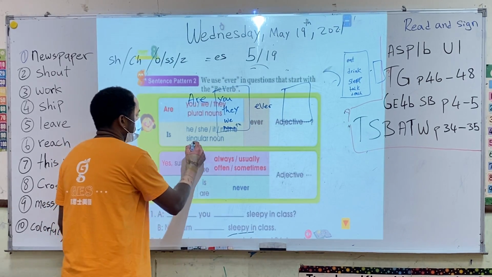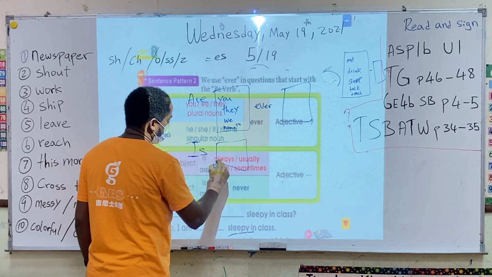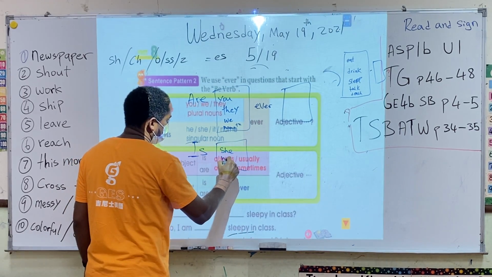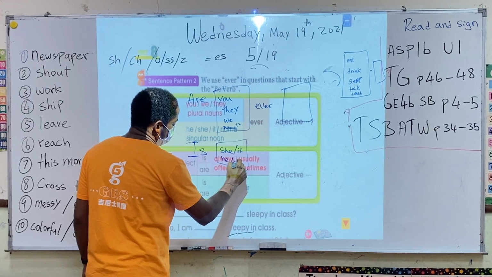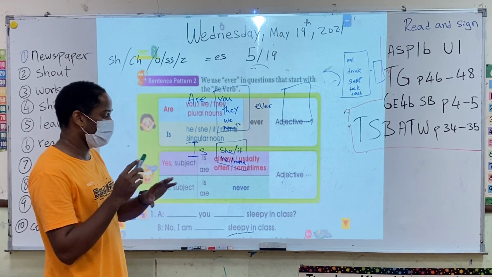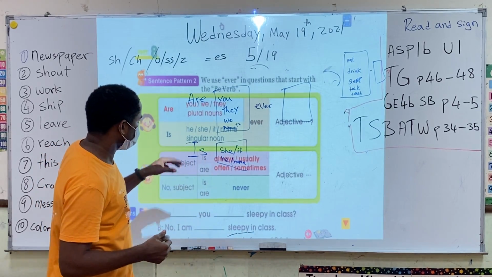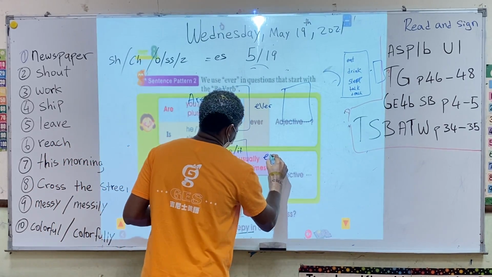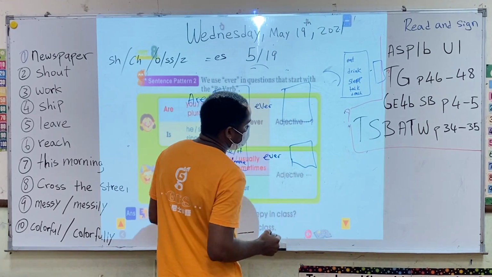And now we're going to use is. So is is followed by she, he, it, name, and singular nouns with no S. And now we're going to use the word ever, and then adjectives.